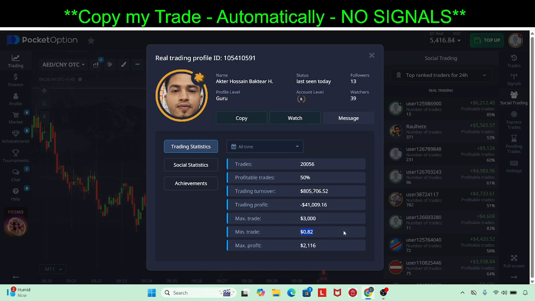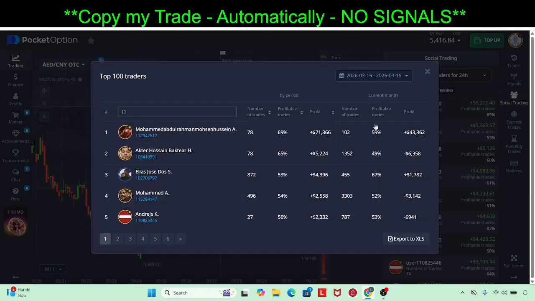Now why am I showing you all of this? The problem with all of these traders is the inconsistent amount they trade, like one trade of $1,000, one trade of $2,000, one trade of $50. When this happens, this is guaranteed, and you can check all of these traders, you will see the same kind of problem.